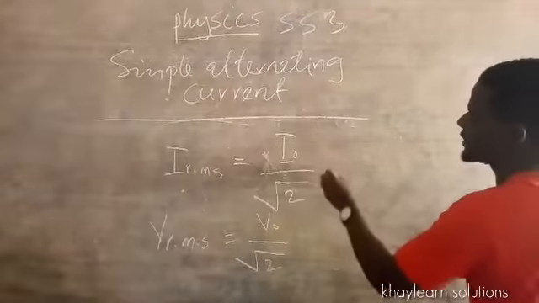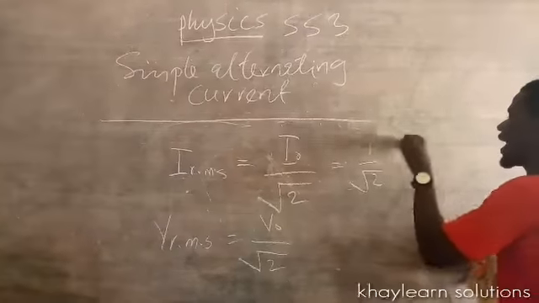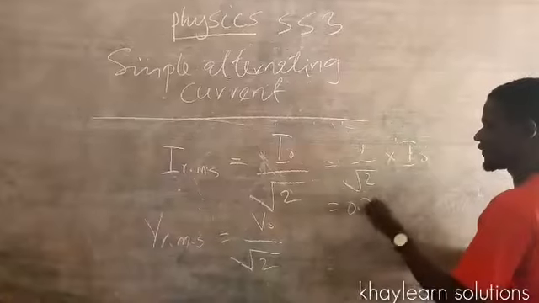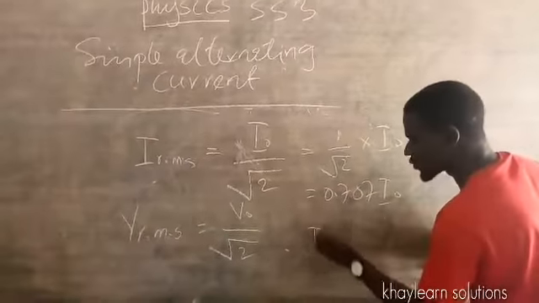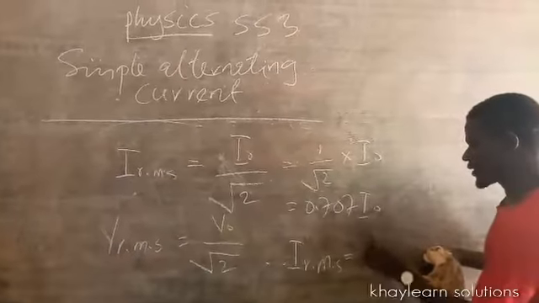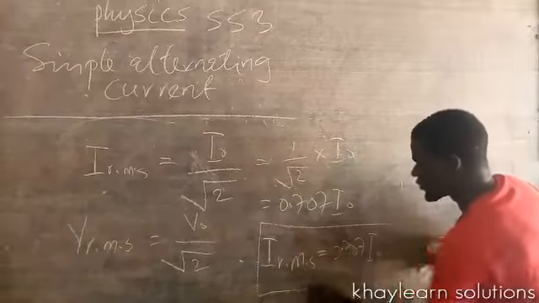When you evaluate this, 1 over root 2 is the same thing as 0.707. Automatically, my root mean square value of current will always be equal to 0.707 I naught. This is the root mean square.